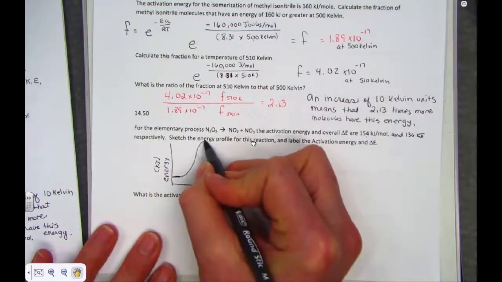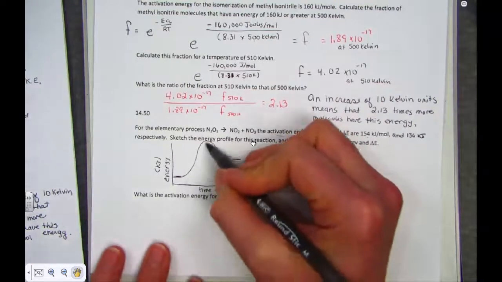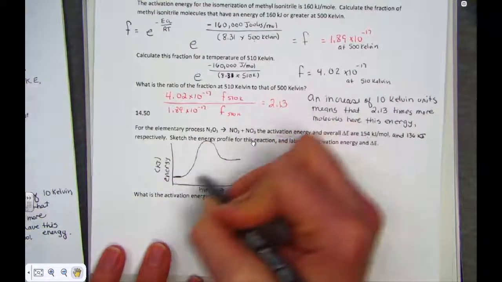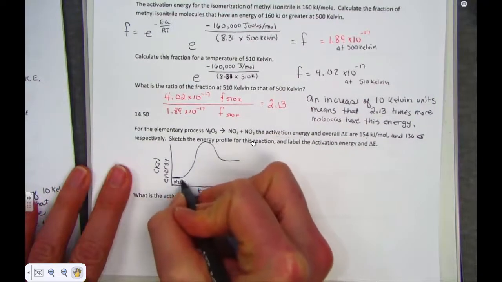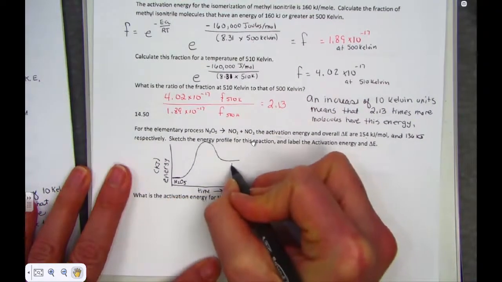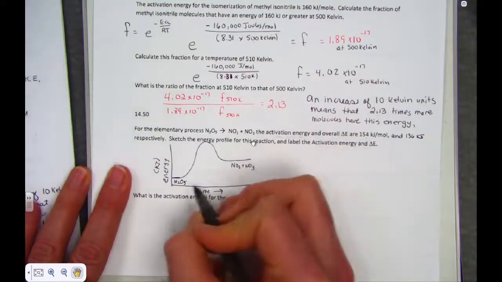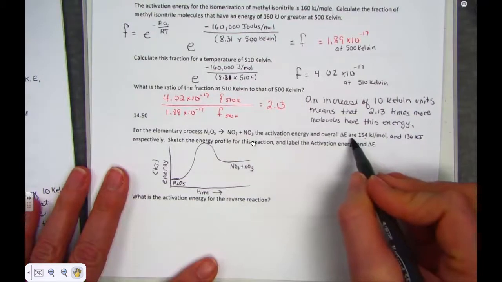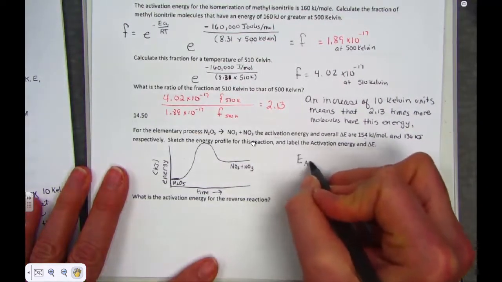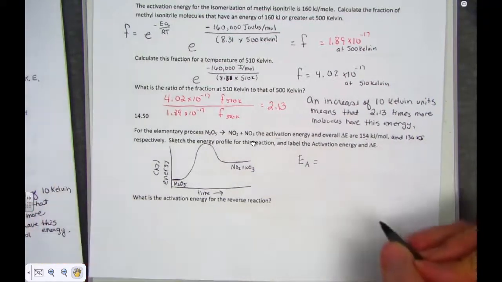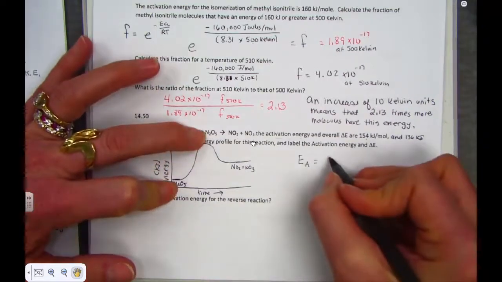When I draw an energy barrier, I climb a hill. This mountain is what's separating me from the reactant to the product. So right here is my reactant, N2O5, and over here are my products, NO2 plus NO3. We're asked to label the activation energy. And keep in mind, activation energy can be found by taking the difference between the reactants and the maximum energy.